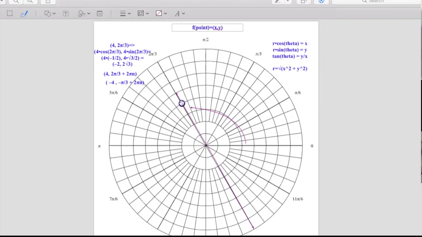Literally point to the point and say, okay, give me the polar coordinates. Well, you might say, go this way and walk forward, say, 4 spaces. Somebody else might say, go this way and walk forward 4 spaces. A third person might say, no, go this way and walk backwards 4 spaces. All of those would be valid directions to get to this point, but they're all different.